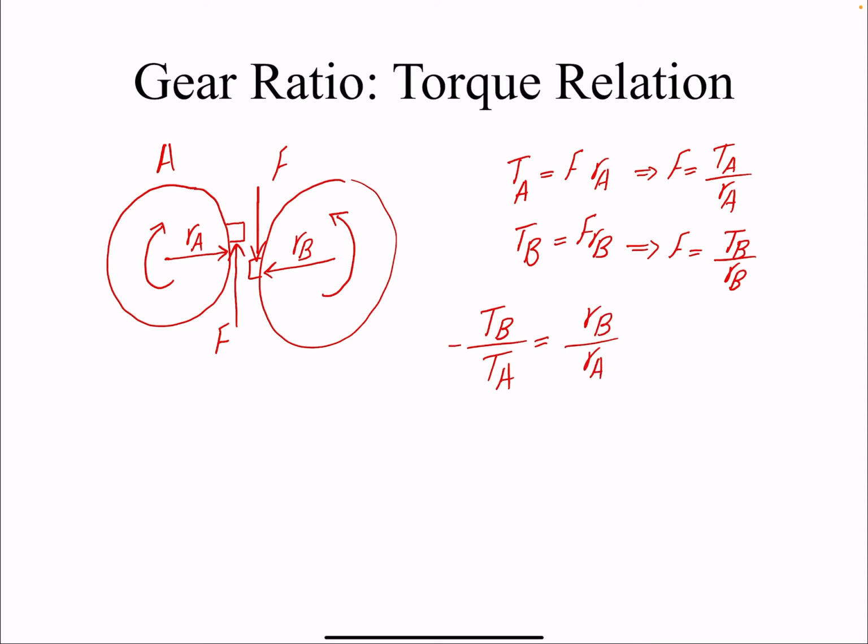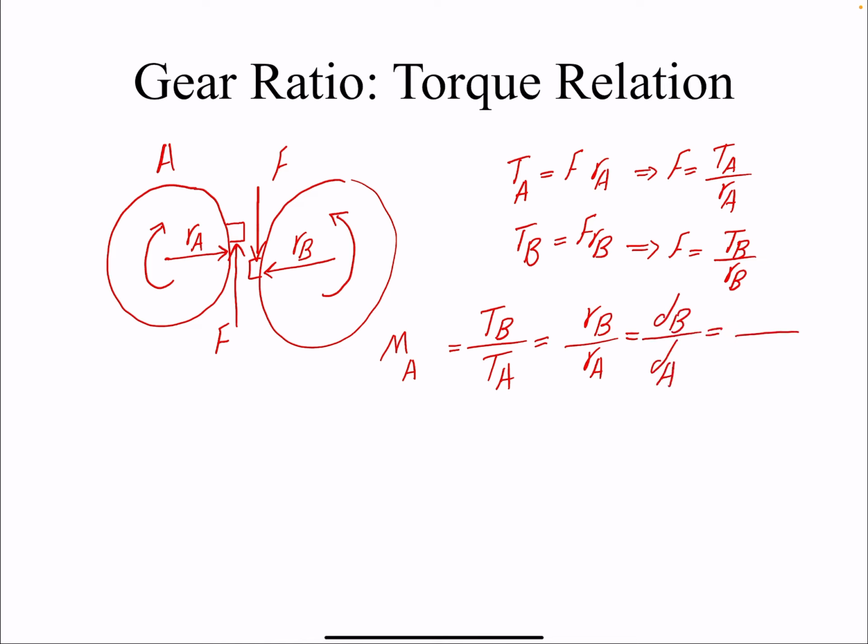And we call this mechanical advantage, because we want to see our output torque versus our input torque. If this value is more than 1, then we have an advantage using a gear system. And this is directly proportional to the size of our gears, to the radius or the diameter of our gear.